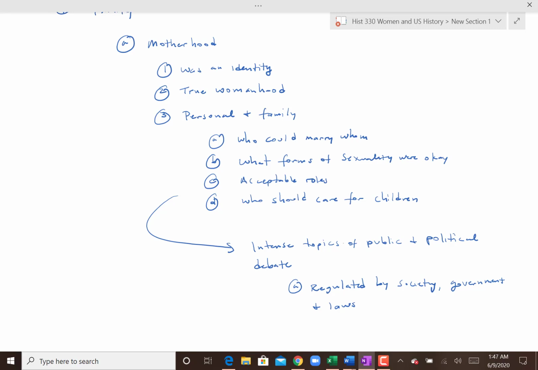So if you praised motherhood there, you ended up inadvertently praising the slaves, and the South didn't want to do that. So they changed the definition of what motherhood was, as well as what the values for women were in the South for white women, versus, of course, slave women, and what it meant to be a black woman in the South, and what it meant to be a black woman who was free versus slave. There were different definitions for them.